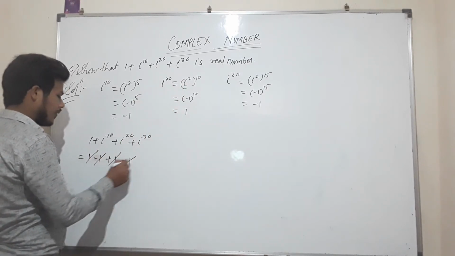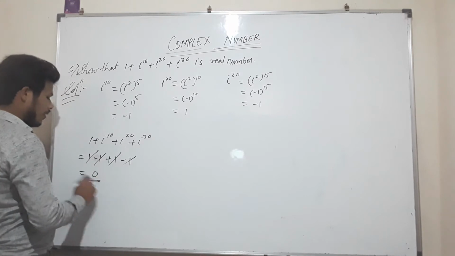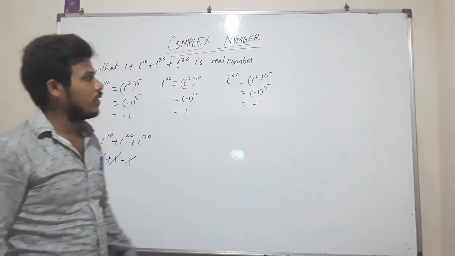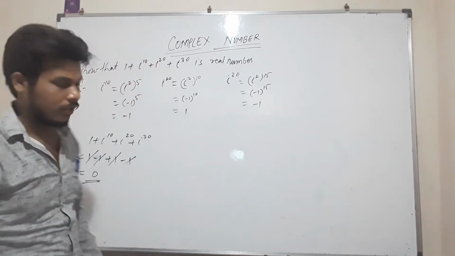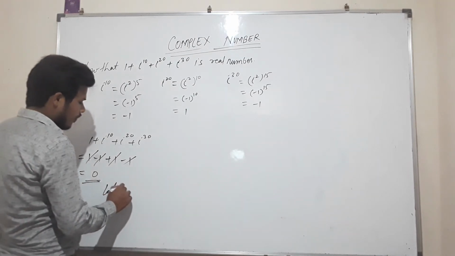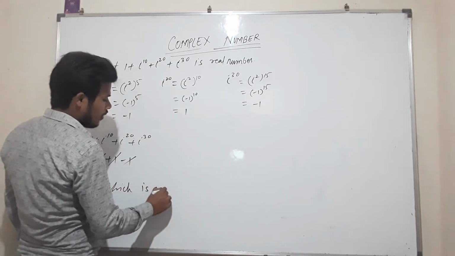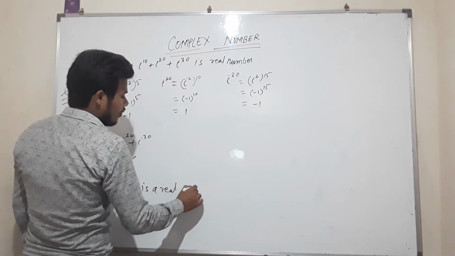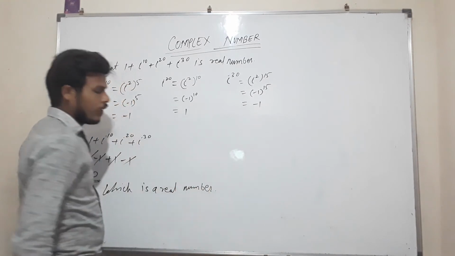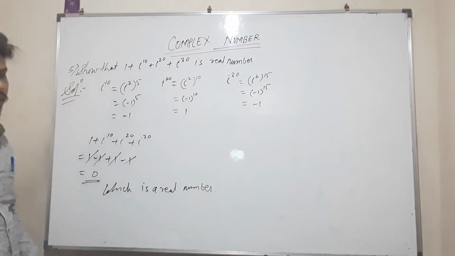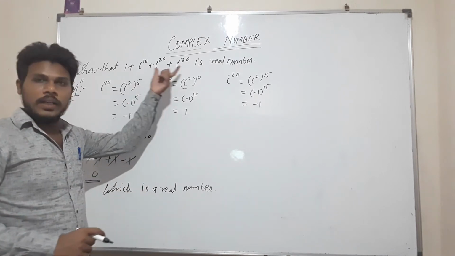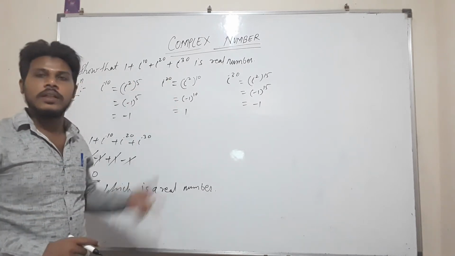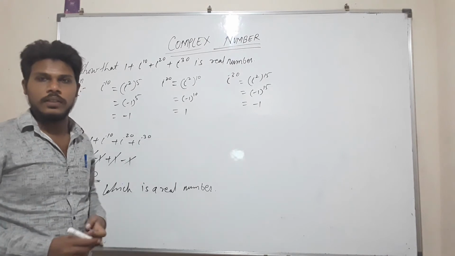Plus 1 minus 1 plus 1 minus 1, these cancel. The answer is 0, and 0 is nothing but a real number. So we can show it in this way. Okay, so you have to first find the values of i, then substitute them in the given equation, and you will get the final answer.